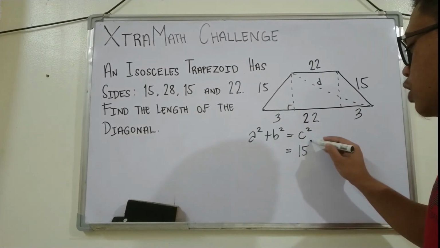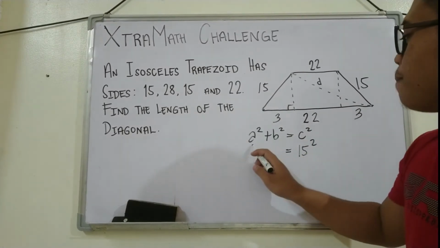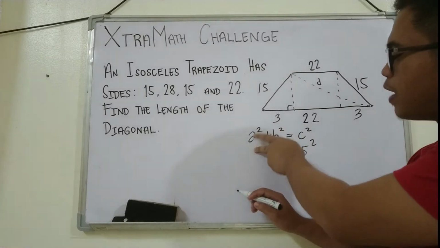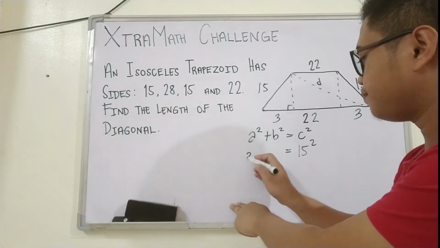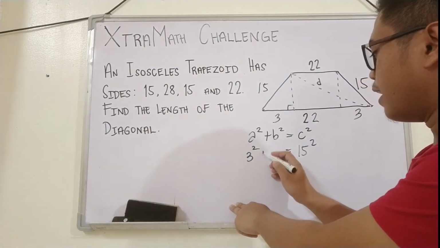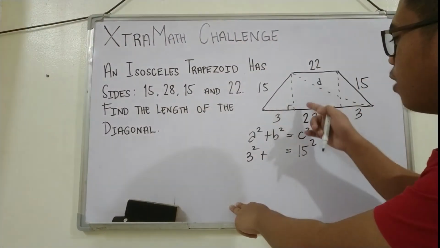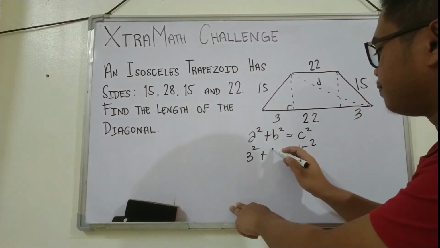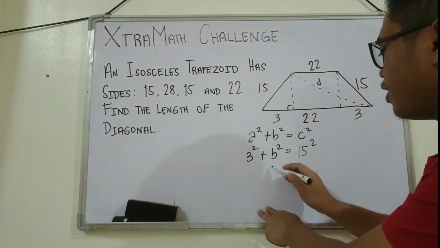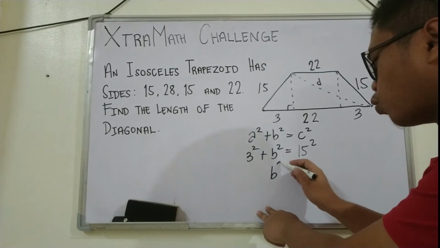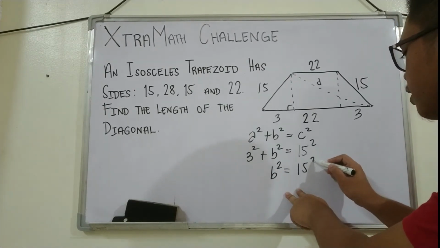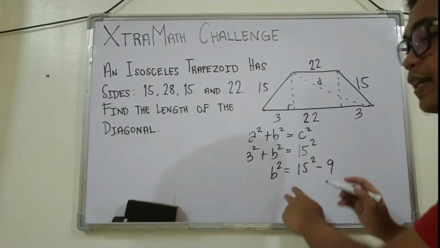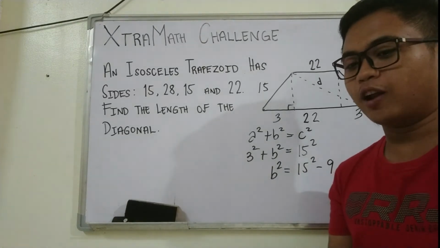So, 15 squared. Let's say that a, or the first leg, is 3. And our height now is b. Therefore, we have b squared, or the height squared, is equal to 15 squared minus 9. Okay? Did you follow?